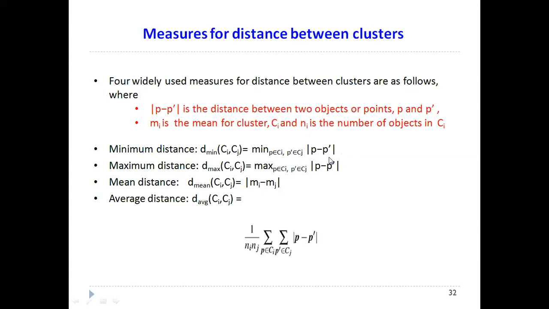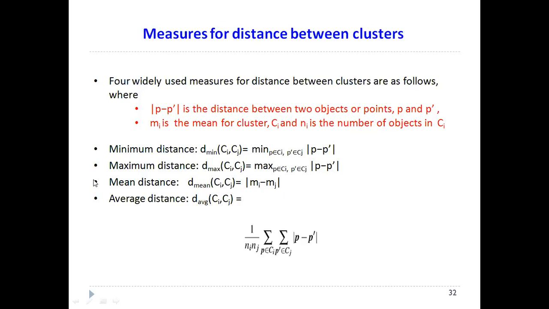When you calculate the distance between two objects which are very near to each other, you call that the minimum distance. When you calculate the distance between 2 points which are very far from each other, that is called the maximum distance.